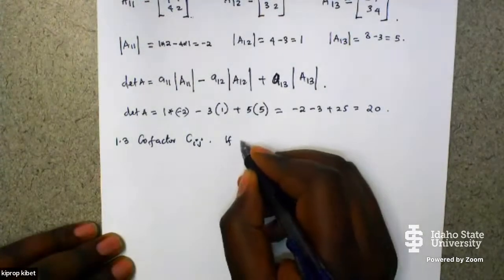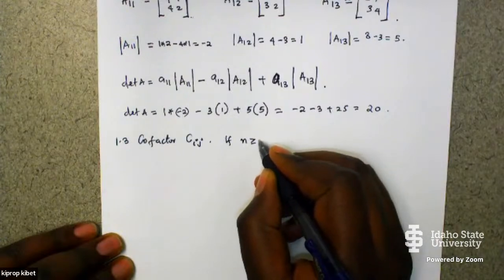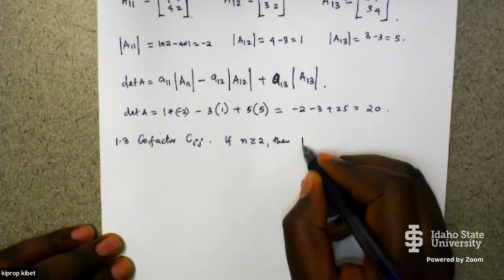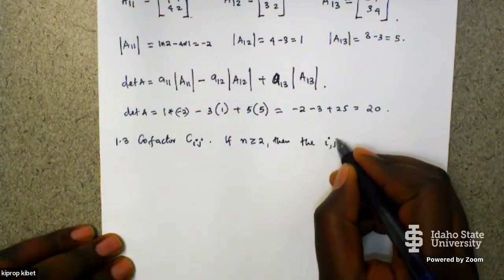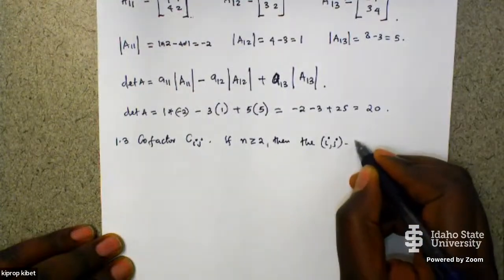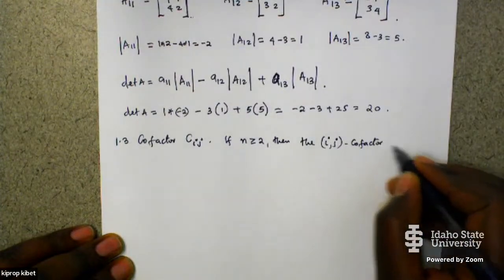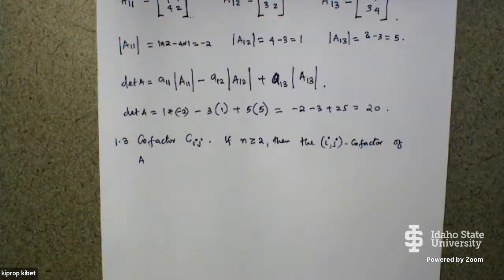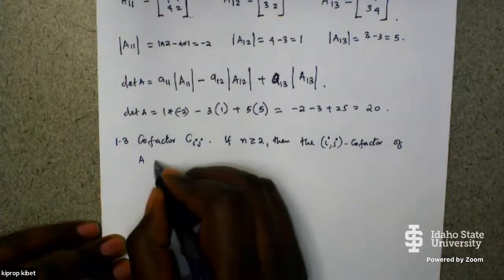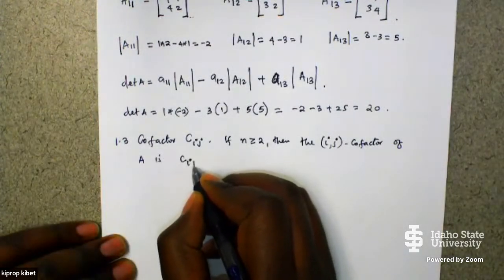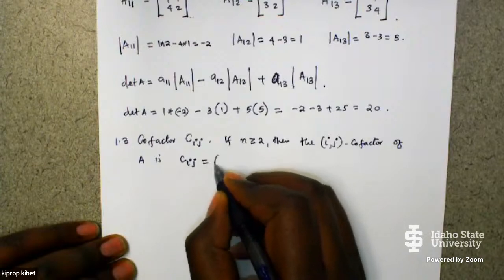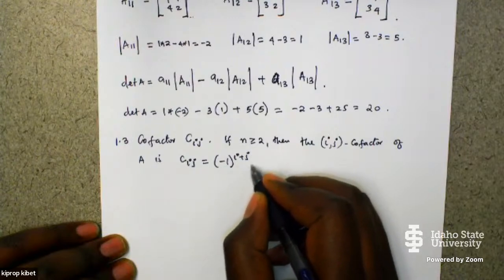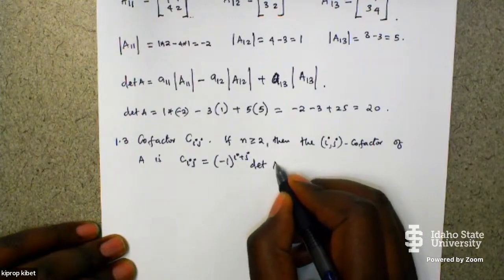Now, if the matrix is n by n, with n more than 2, then the ij cofactor of A is Cij, which is equal to minus 1 raised to i plus j times the determinant of Aij.